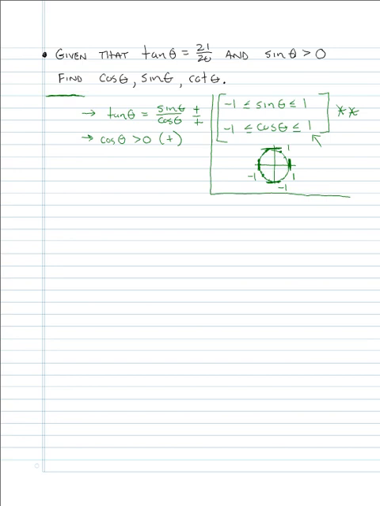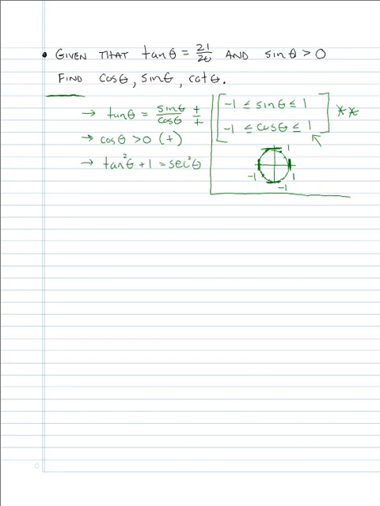Now, we have to somehow get a relationship. The problem with using the relationship tangent theta is equal to sine theta over cosine theta is that the only piece of that puzzle we know is the tangent of theta is 21 over 20. We need a relationship where we know everything but one unknown, so that we can solve for that unknown. And this is where we're going to use the idea that it's always true that tangent squared theta plus 1 is equal to secant squared theta.